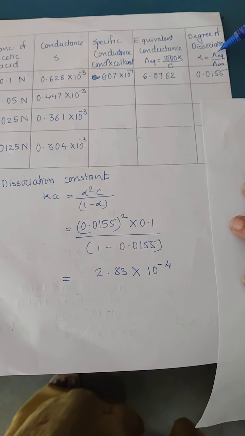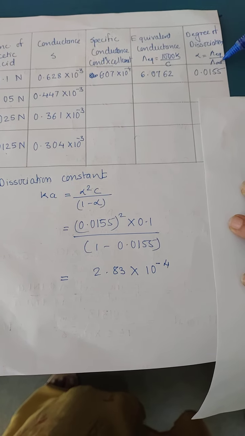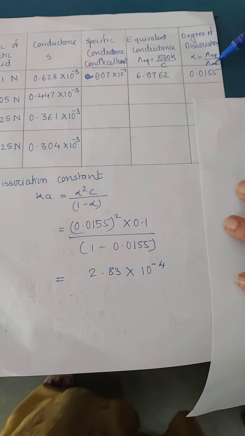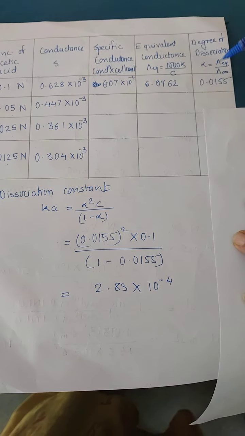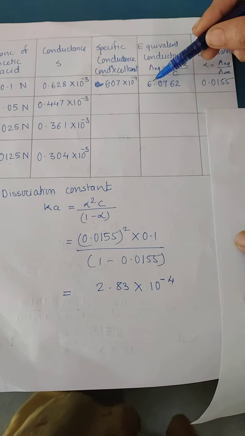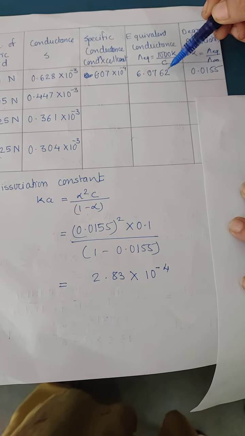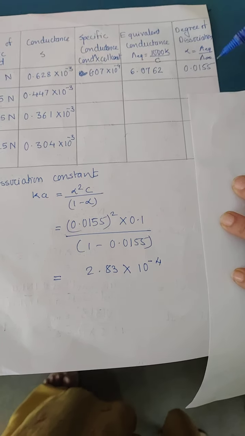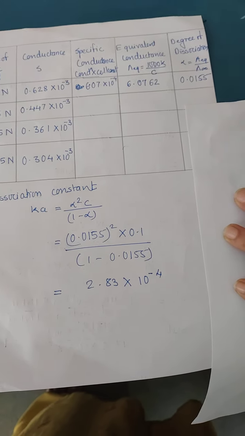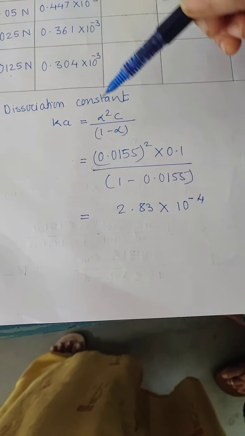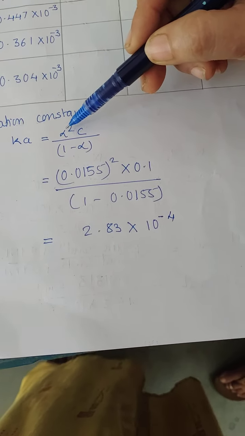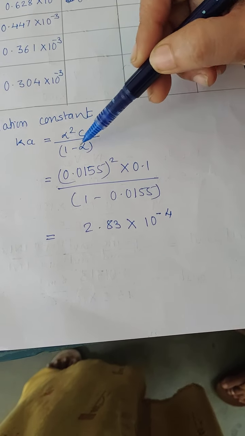Next is degree of dissociation. Alpha equals equivalent conductance by infinite conductance. Infinite conductance is the given value, that is equal to 390.7. So equivalent conductance 6.0762 divided by 390.7 equals 0.0155. And finally you have to find out the dissociation constant. The dissociation constant formula is alpha square C upon 1 minus alpha.